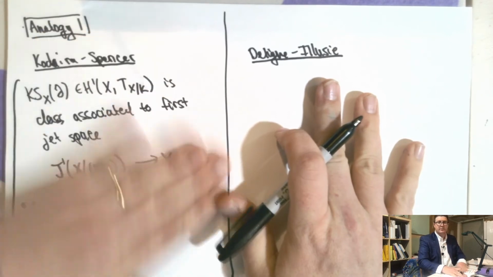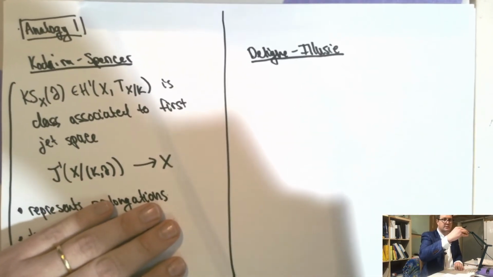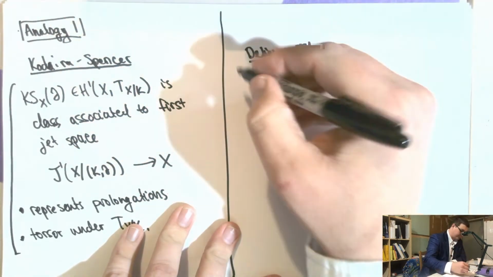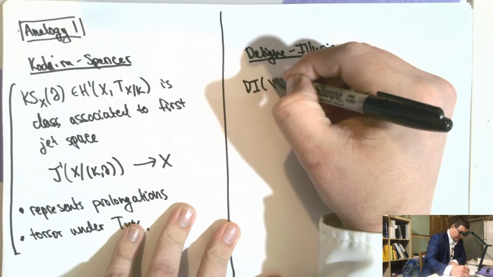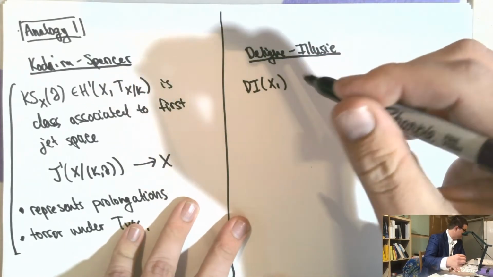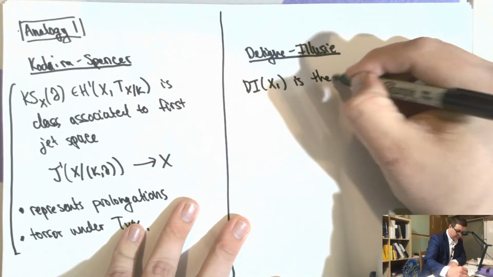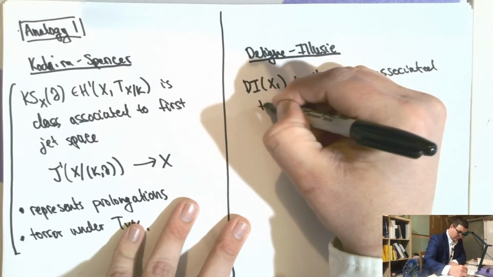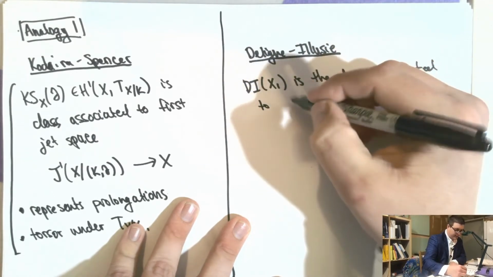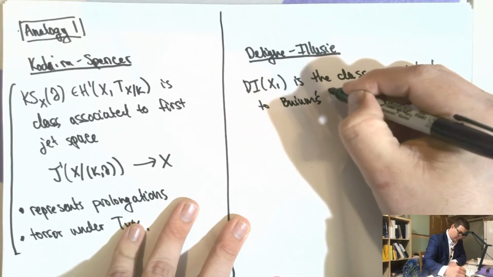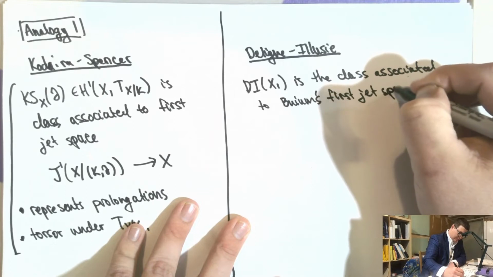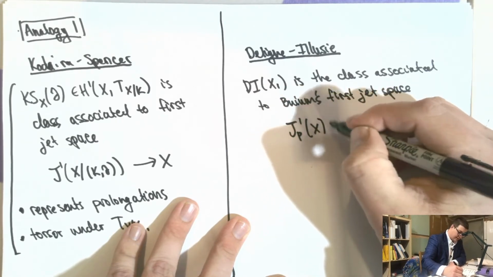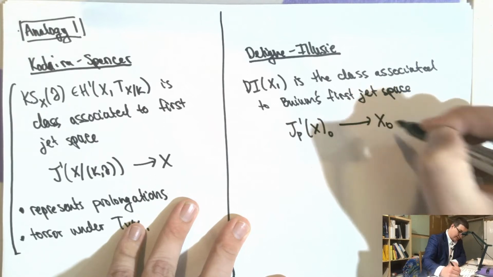On the other hand, we have Deligne-Illusie classes. This thing here only depends on X_1 and is a class to the Buium first jet space J_p of X_0 to X_0, so mod p.